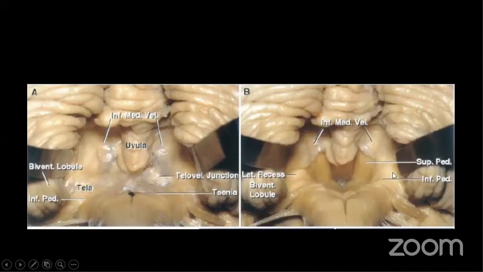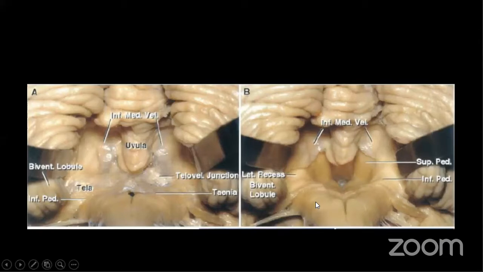And in this cadaveric model, we can see that we have opened the lowest portion of the lower slope of the roof of the fourth ventricle. So we can see the superior slope structures. This is the superior cerebellar peduncle, and somewhere here would be superior medullary velum forming the superior slope of the roof of the fourth ventricle.